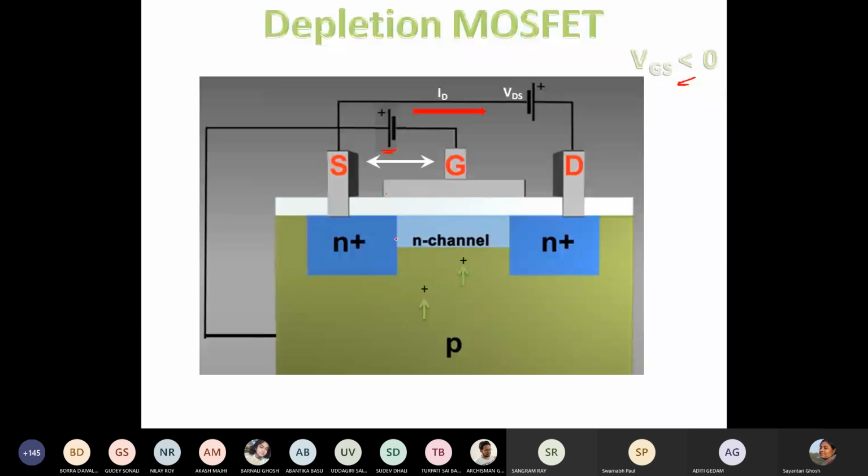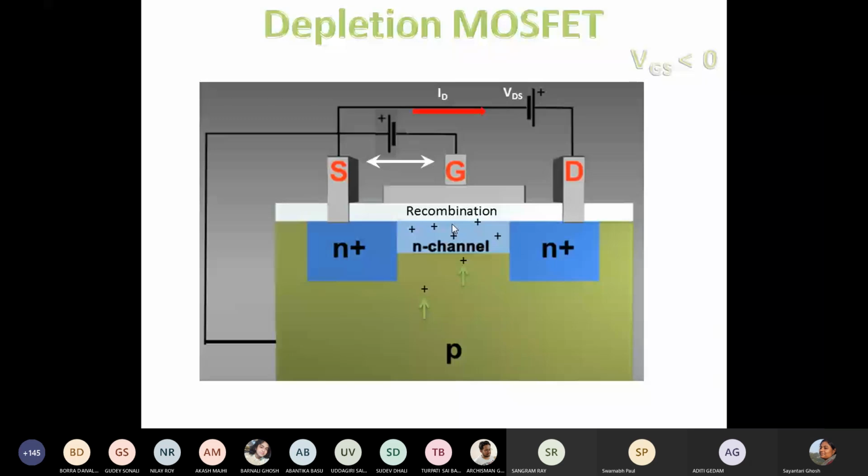But inside the channel, what do we have? Excess electrons, because that is an N channel, an N-type material. So as soon as the holes rush into the channel, what is supposed to happen? The electrons are supposed to meet the holes and recombination is supposed to happen. As soon as a hole meets an electron, there is nothing left, right? That is recombination. They just vanish into each other. That means as soon as these electrons meet these holes, their numbers fall drastically inside the channel.